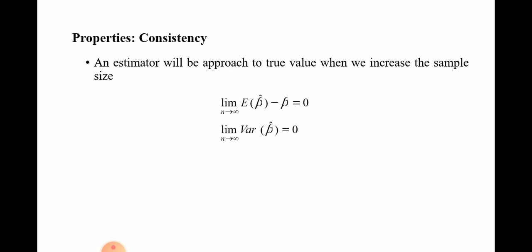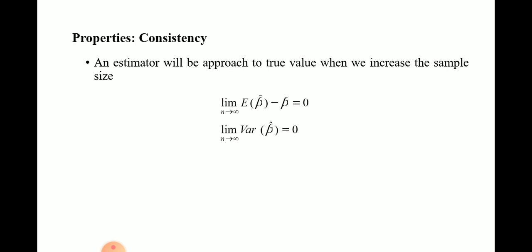Once again I am repeating: if the assumptions of OLS are satisfied, if all the 8 assumptions discussed are satisfied, then the OLS estimators obtained will be best, will be linear and will have minimum variance.